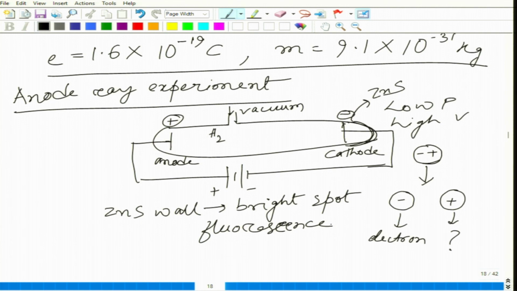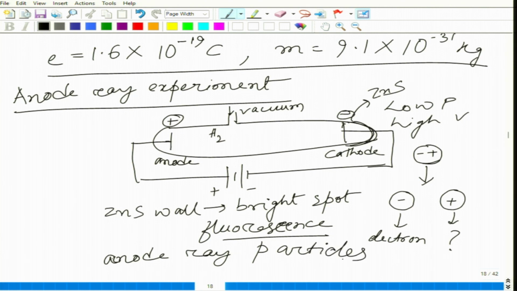So it was concluded that some positively charged particles must have resulted in this fluorescence. But at that time, the positively charged particles were not termed as proton. They were termed as anode ray particles.